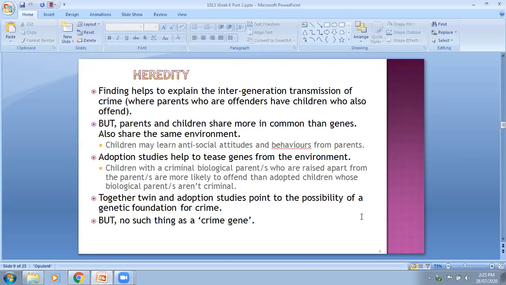It was Scandinavia that did a lot of twin studies and even deliberately separated some to study them, but you could never ever do that in a million years anymore. So together, twin and adoption studies point to the possibility of a genetic foundation, but there is no such thing as a crime gene. There is no specific marker when they do DNA testing that is a crime gene.